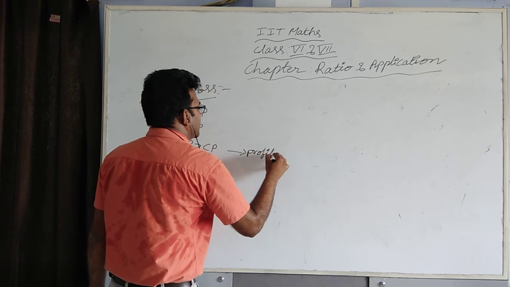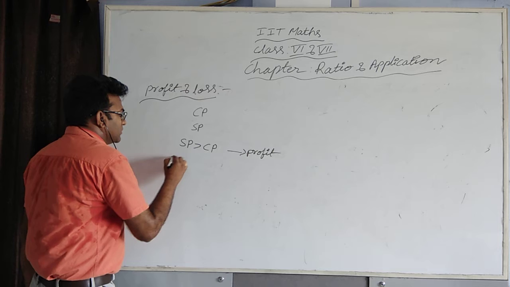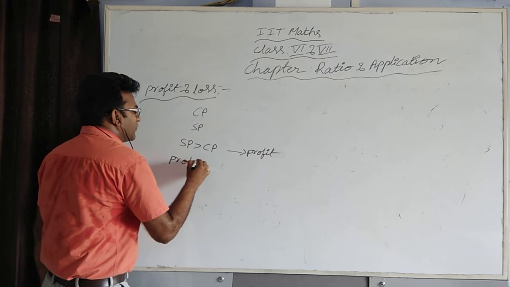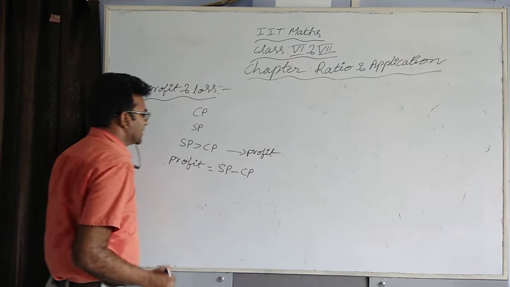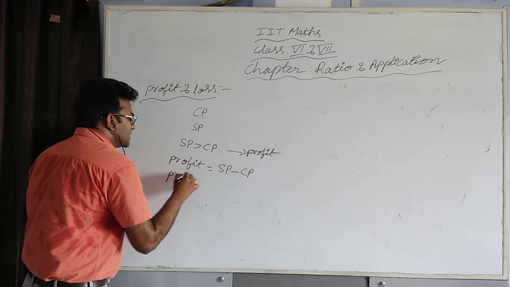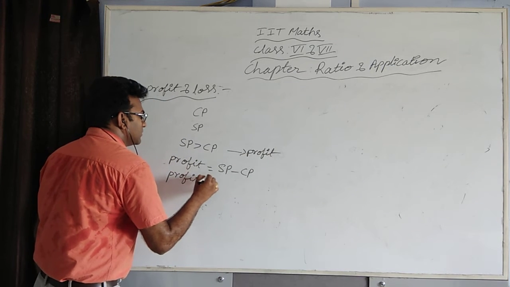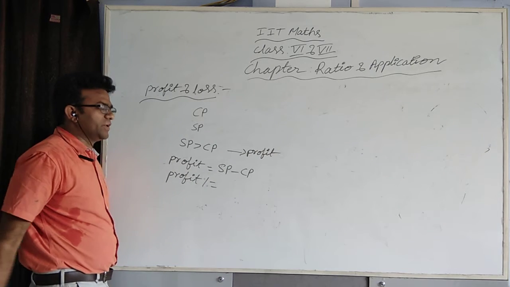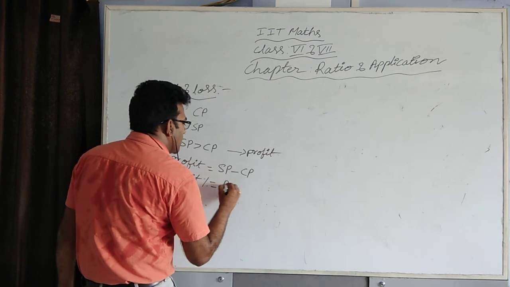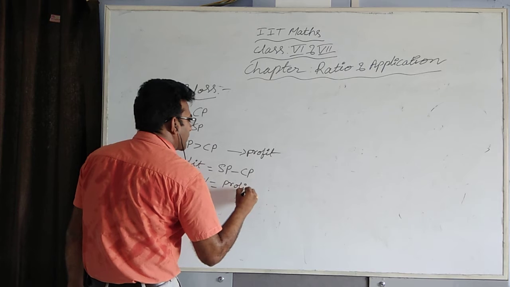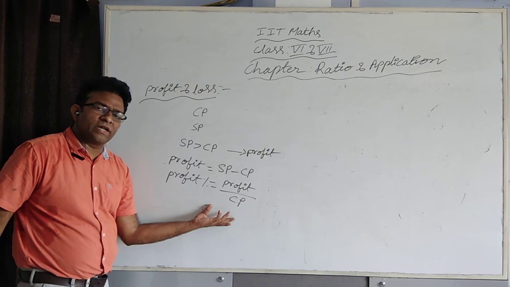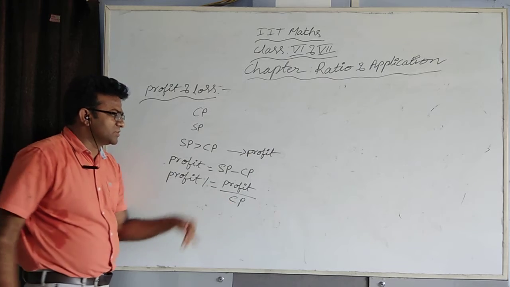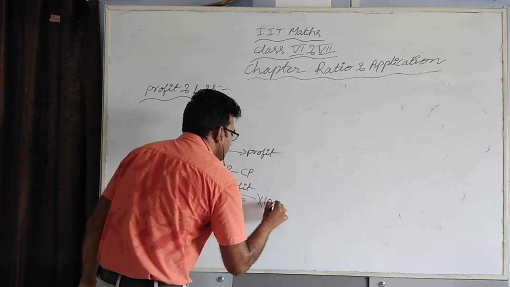So finally, profit is nothing but selling price minus cost price. Next, percentage of profit is equal to profit by CP into 100. So we are getting profit on cost price.